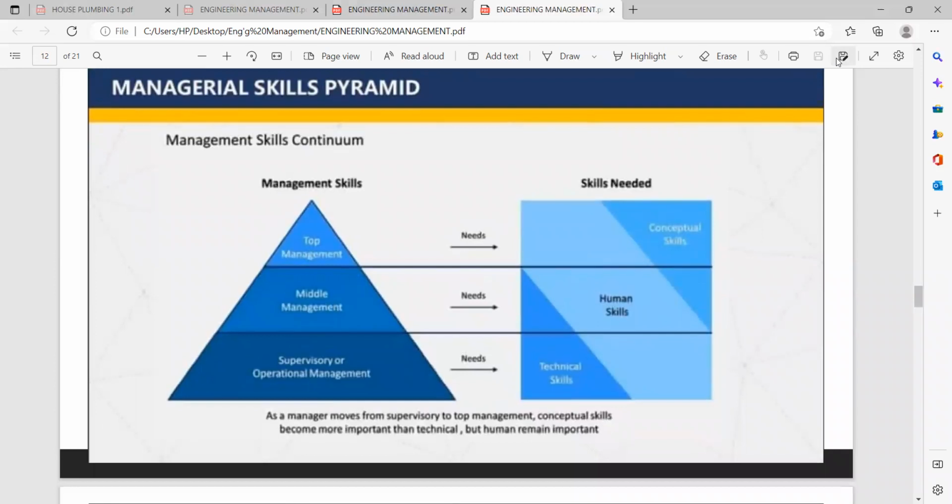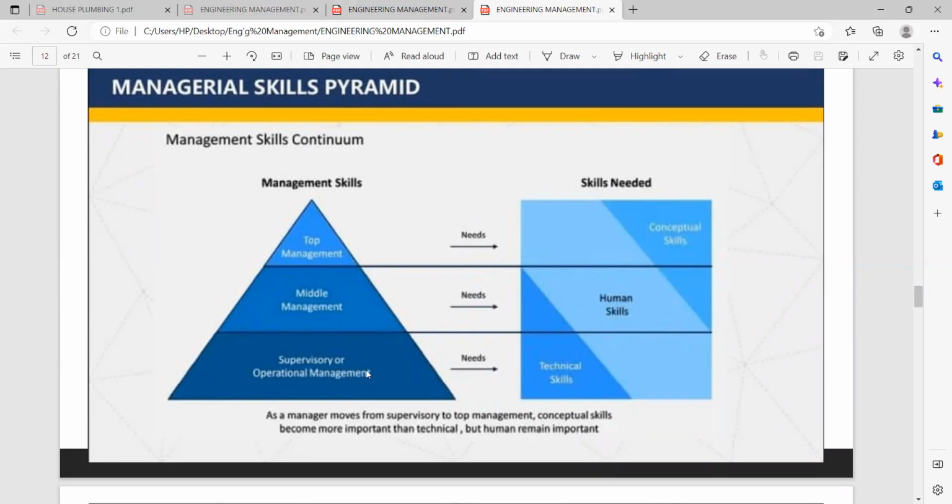So here is our pyramid of managerial skills. Top level management will need the conceptual skill and human skill. So dalawa. Okay? Sa middle management, it has three: technical skills, human skills, and the conceptual skills.